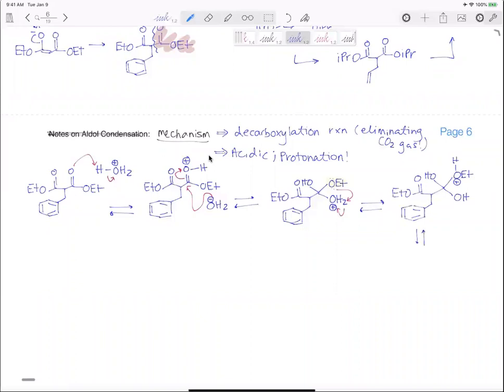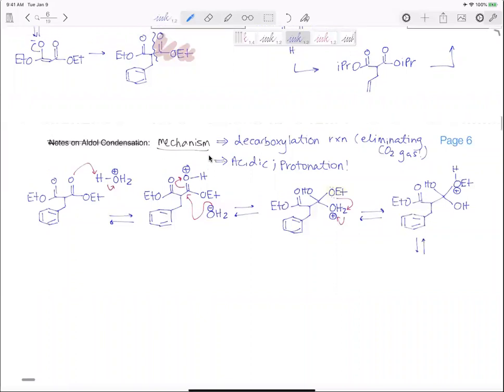Okay. And then, what do you think is going to happen? Well, remember, we need a carboxylic acid, right? So your molecule should start looking like a carboxylic acid as fast as it can. And what's going to happen is that either one of the hydroxy groups is going to collapse down to form a double bond to kick off the ethanol.